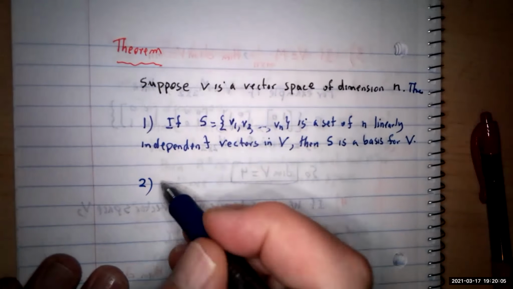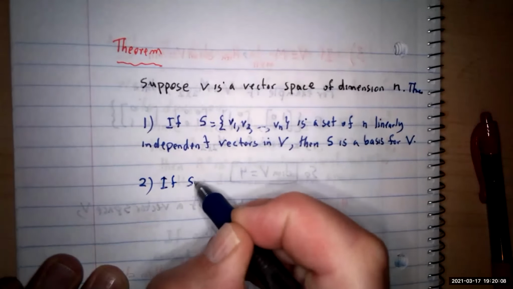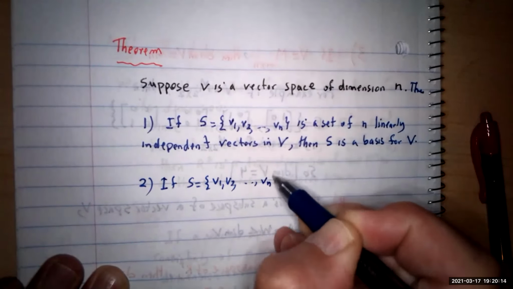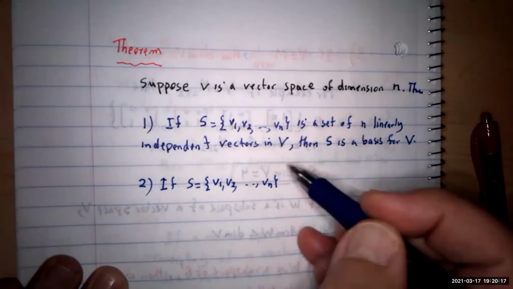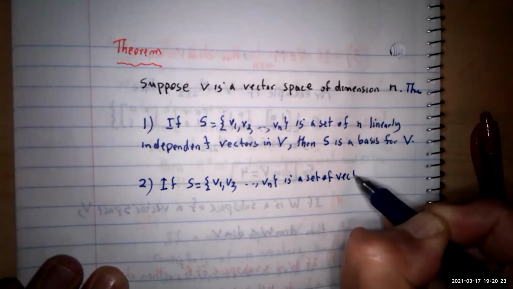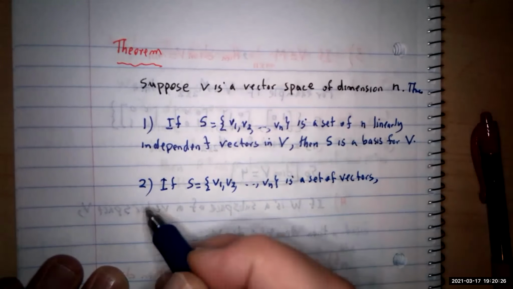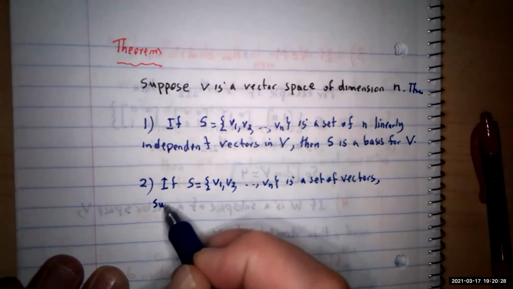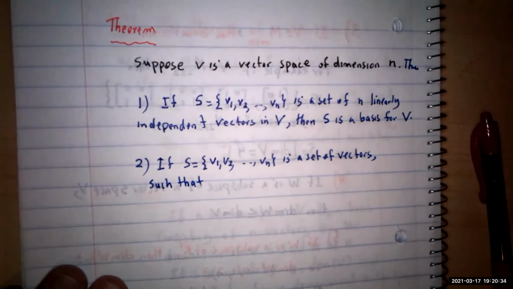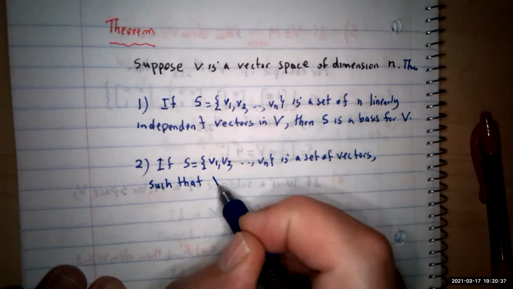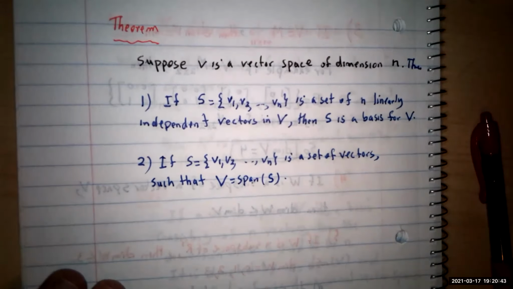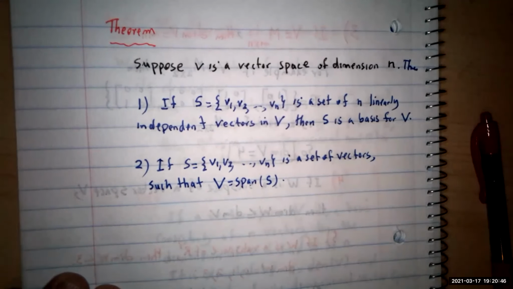The second one: if v1, v2, up to vn is a set of vectors such that V is spanned by the vectors in this set, and since the dimension is n, this set is automatically a basis again.